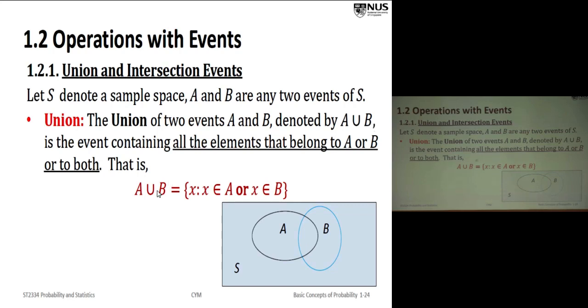Mathematically, the operation A union B means I take the collection of values x. This notation is the set x.